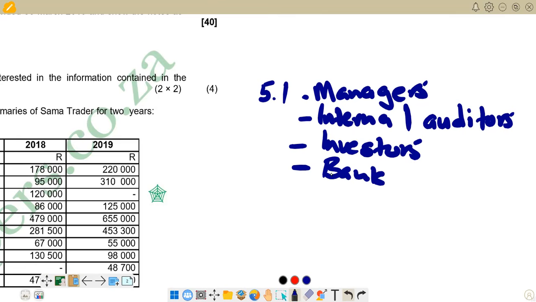When they want to extend credit to firms, when the firms are borrowing money in the form of loans, they also try to see whether the firm is viable and is going to pay back the money without any problem. So these are the users that we have. We have four there. The first and second are internal users. Then the third and fourth are the external users of financial information.